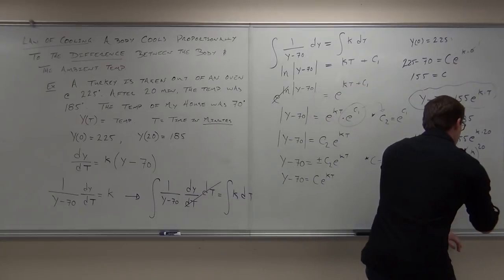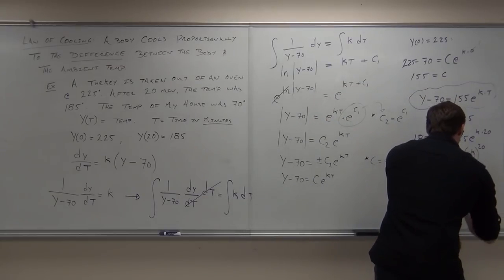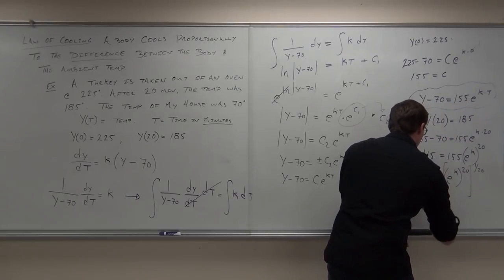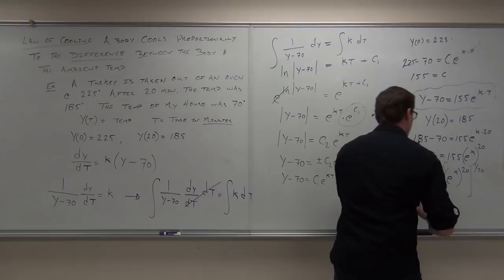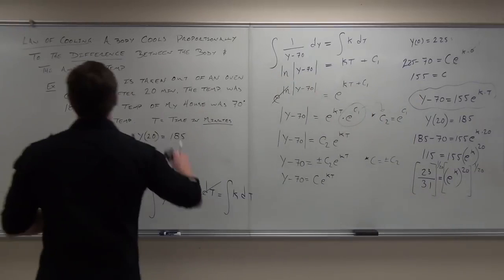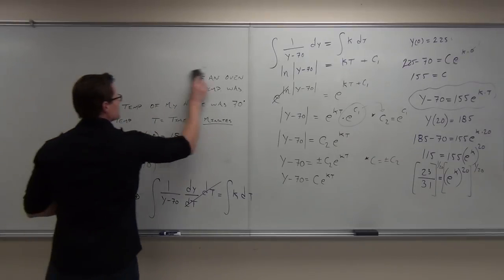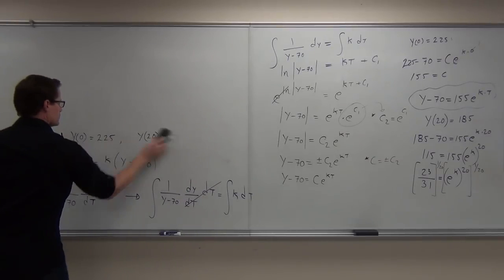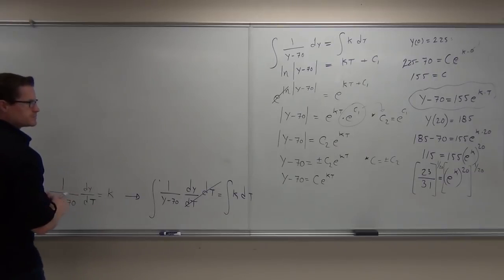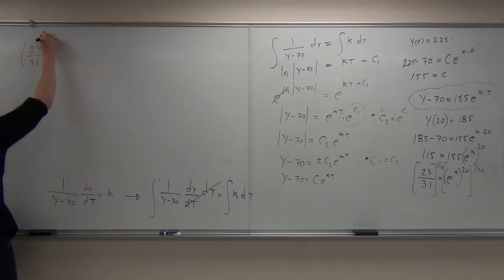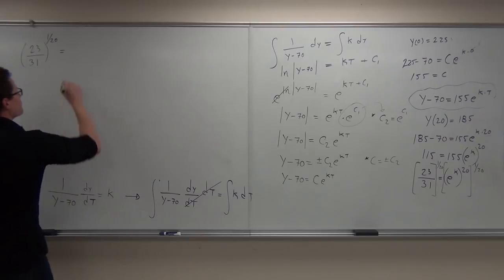So in our case, we're going to take this to the 1 over 20th power, and this side to the 1 over 20th power. So 23 over 31 to the 1 over 20th power equals e to the k.